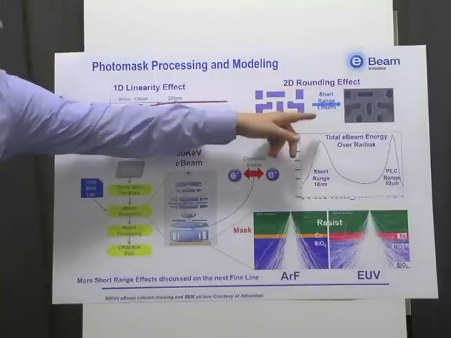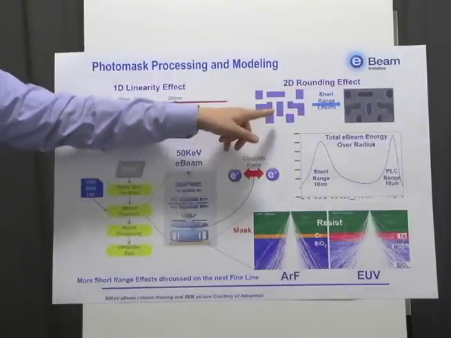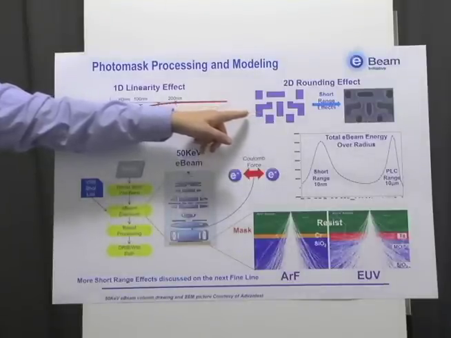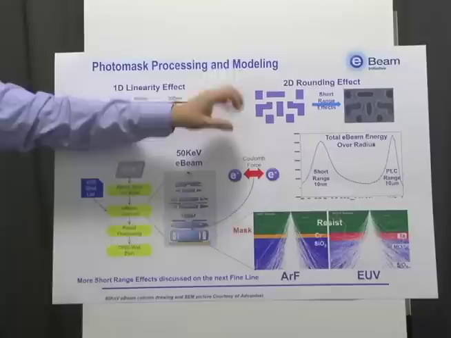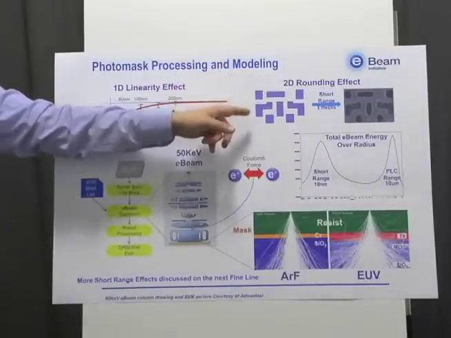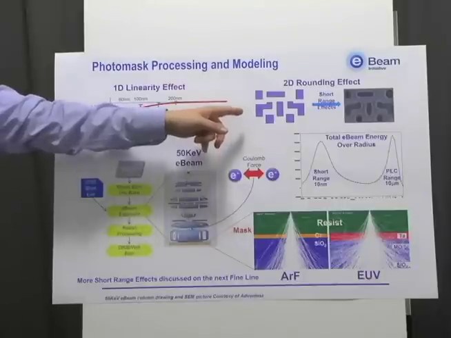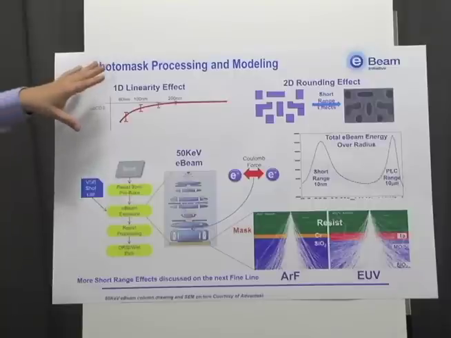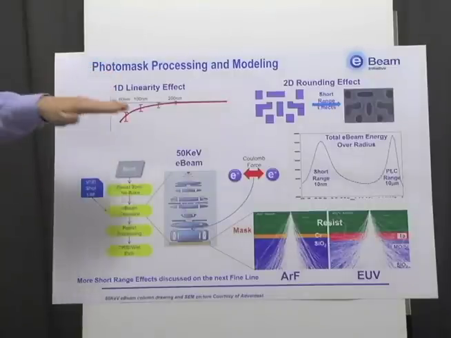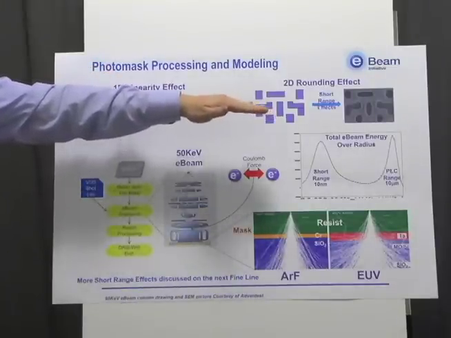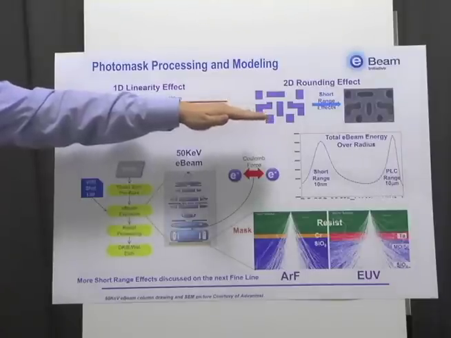And because 193 layers in particular depend exclusively on open area for the size of the print, you'll end up with, again, a print bias between a large contact and a small contact, which will yield both resist patterning as well as etch patterning yield losses at the end of the line. So as a result, for 20 nanometer nodes or below, either from a 1D perspective or from a 2D perspective, the mask features that are printed really are not good enough for high quality yield.